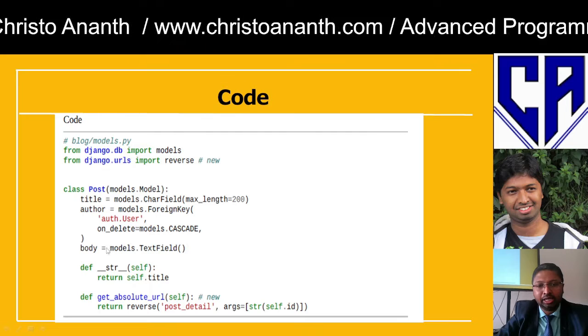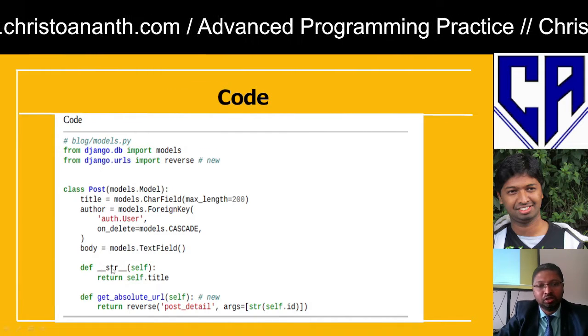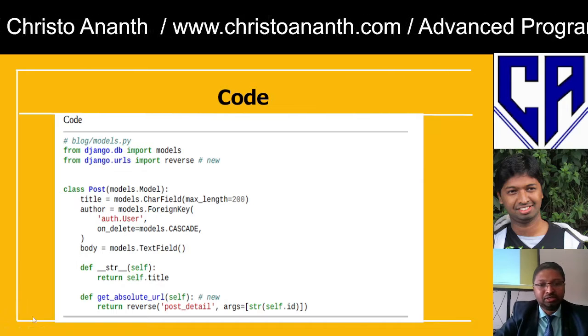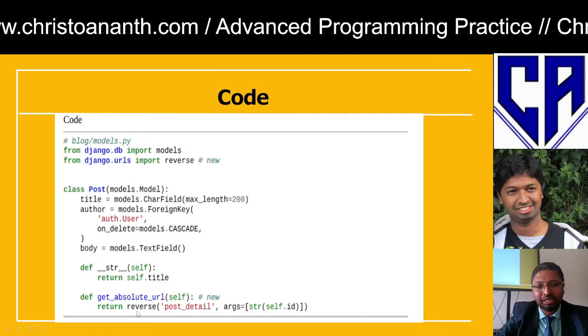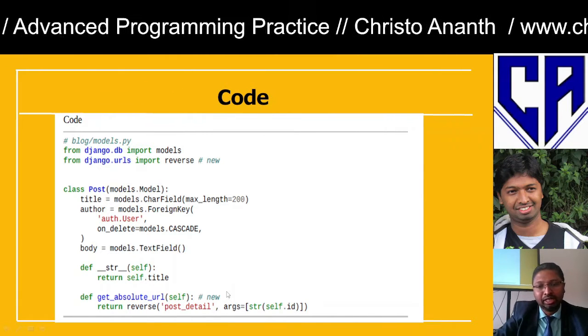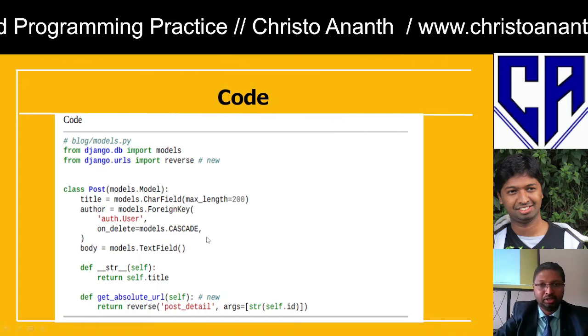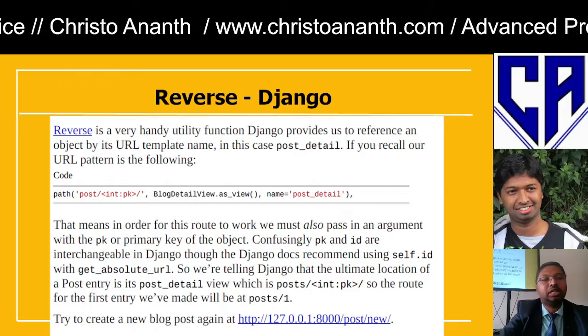And in the models.TextField, here you include this one. Okay, this is __str__. So similarly with the __str__ method, you have get_absolute_url. Okay, so this is returning reverse post_detail. The args is equal to str of self.id. So this is also one important feature, reverse in Django.